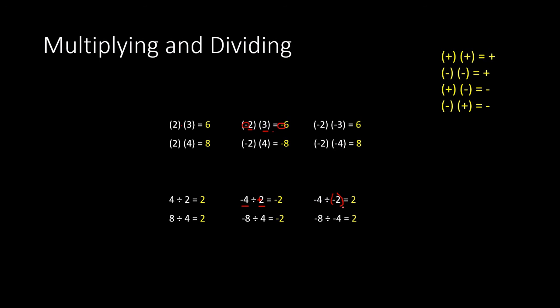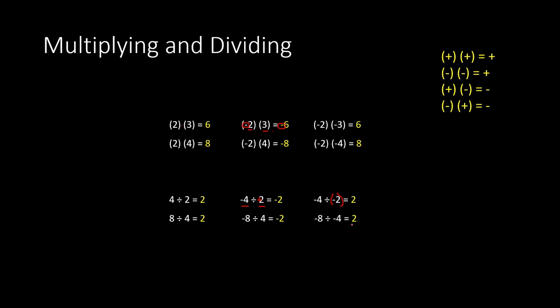So I have 4 divided by 2 is equal to 2. And next, I look at my symbols. A negative and a negative is equal to a positive. So therefore, this is why my result right here was positive 2. Negative 8 divided by negative 4 is going to be equal to positive 2.